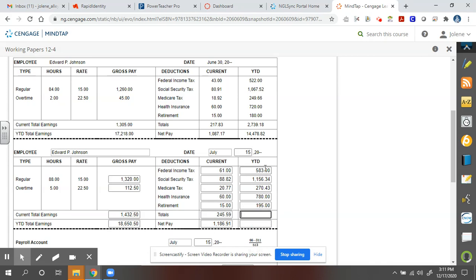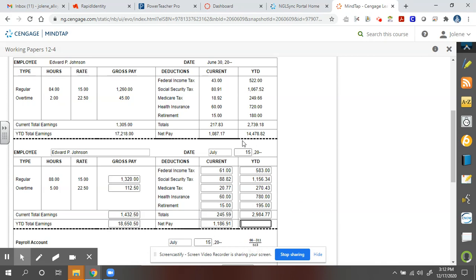Now, year to date totals for all his deductions. I'm going to take here 2,739.18 plus the total deductions for this paycheck. And so his new deductions for the year, $2,984.77.